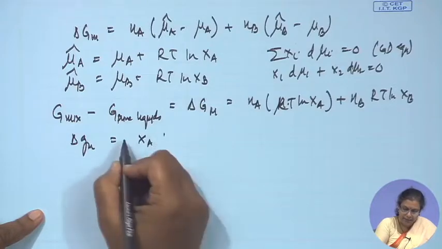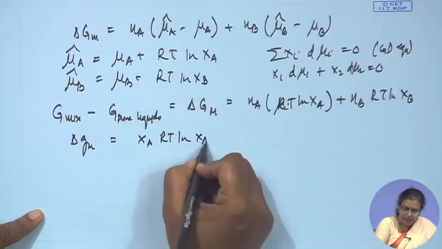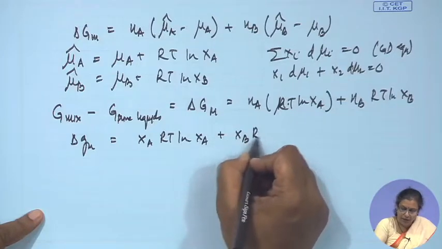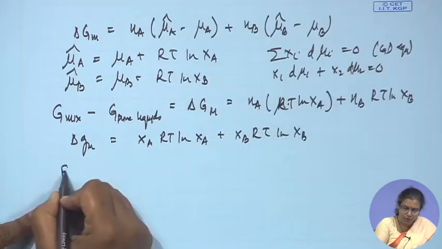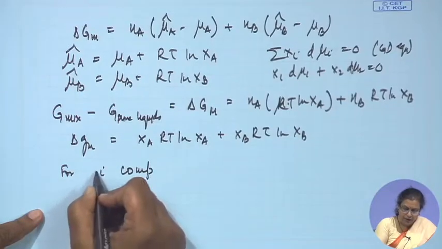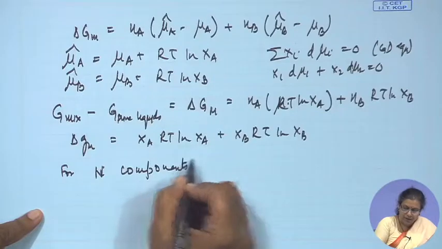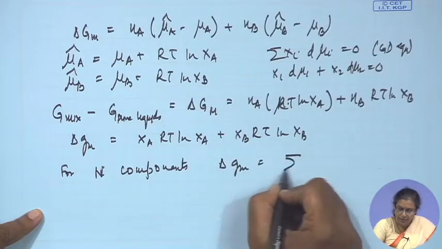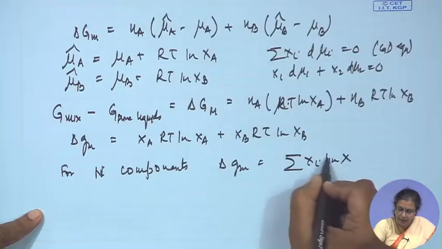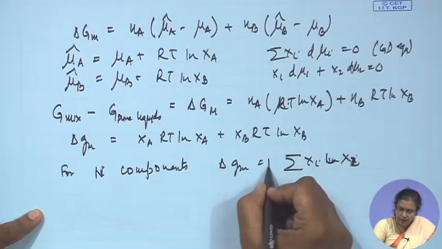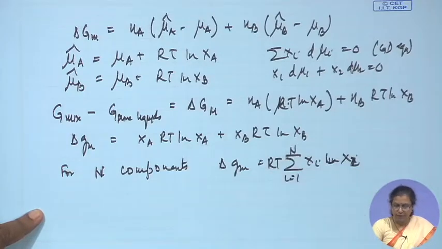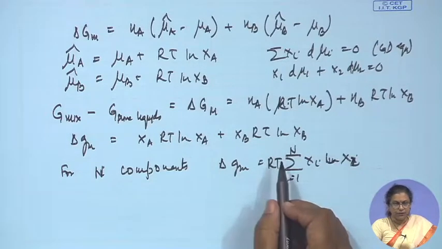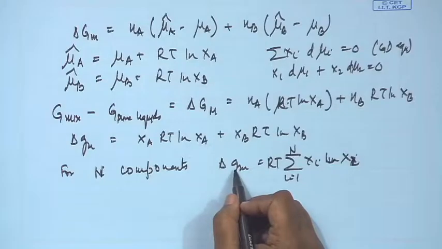This is nothing but x A RT ln x A plus x B RT ln x B. So, for n number of components, we can simply write delta G m equals sigma x i RT ln x i, i equals 1 to n. If you recollect, this is similar to the molar Gibbs free energy change of mixing for ideal gases as well, right. So, we find that delta G m is not equal to 0 if the components form an ideal solution.